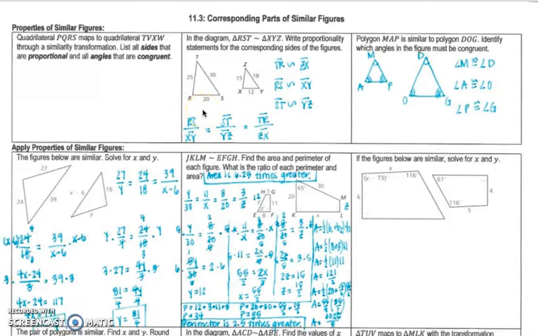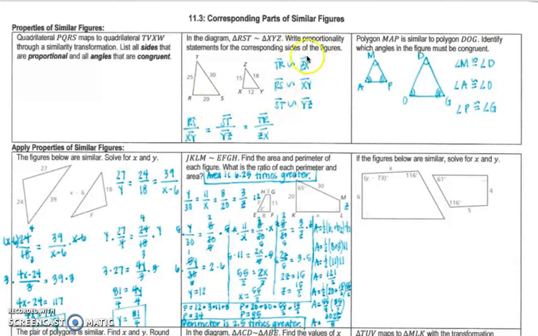So the ratio of segment RS to segment XY has to be equal to the ratio of ST to YZ, which has to be equal to the ratio of segment TR to segment ZX. That's how you write the proportionality statements for your segments. You're just identifying which segments correspond to which, and then setting each of those ratios equal to each other.